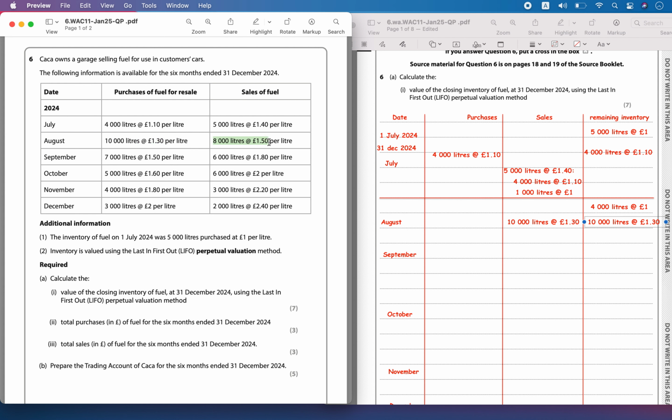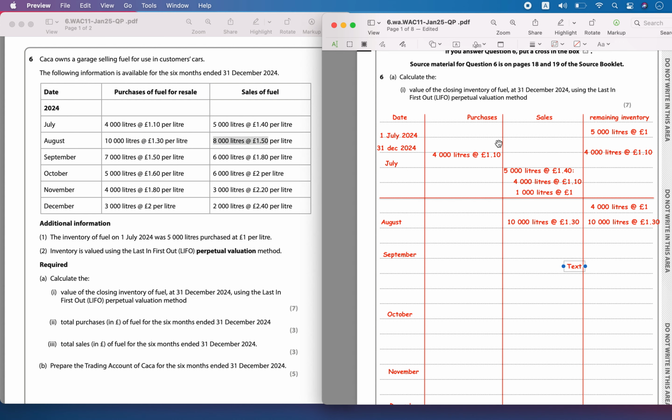Now they had to sell 8,000 liters at 1.50 in August. So which inventory will I use to make it 8,000 liters, and at what value will I sell? I will use the 10,000 liters, issuing from this at 1.30.